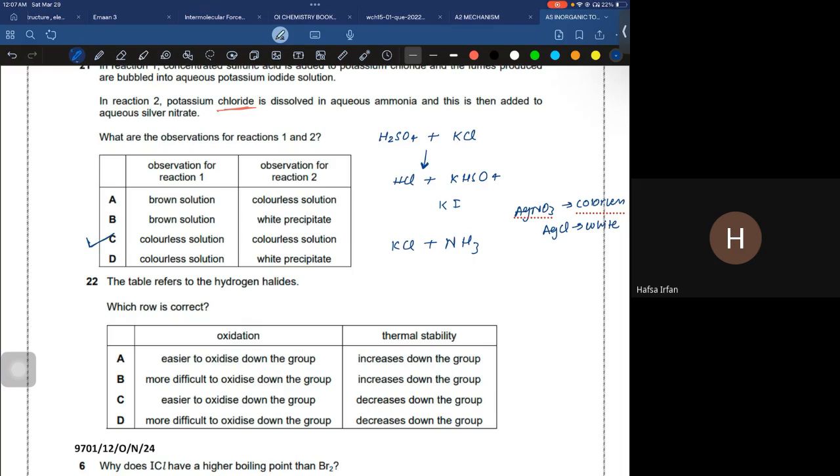This is easy. Tell me this one. 22. Sir, is it B?